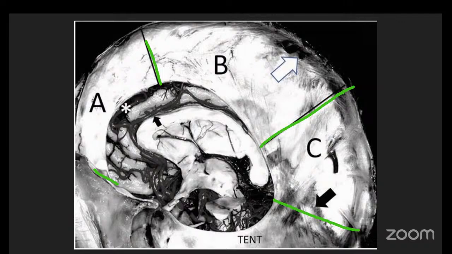For anterior meningiomas, which are here, the patient will present with frontal lobe syndrome, apathy, abulia, personality changes, memory impairment, etc. For the middle Falcine meningiomas, the patient can present variably depending on where exactly the lesion is. If the lesion is more towards the paracentral lobule, somewhere around here, then the patient can present with seizures, with neurological deficit, with loss of cortical sensation.